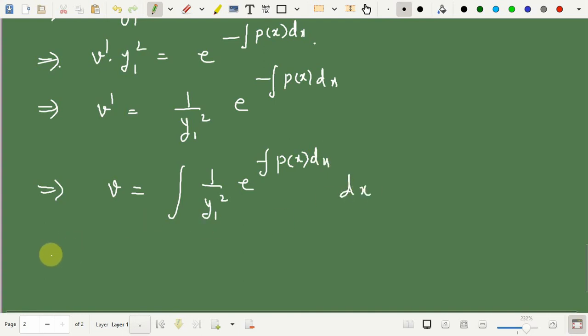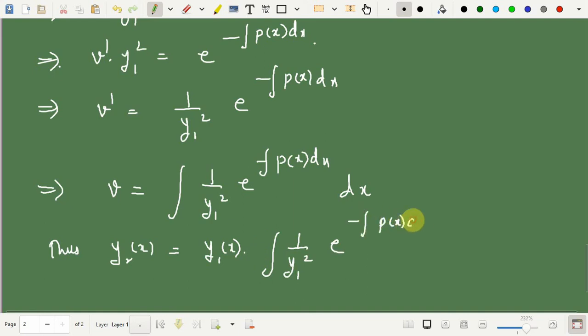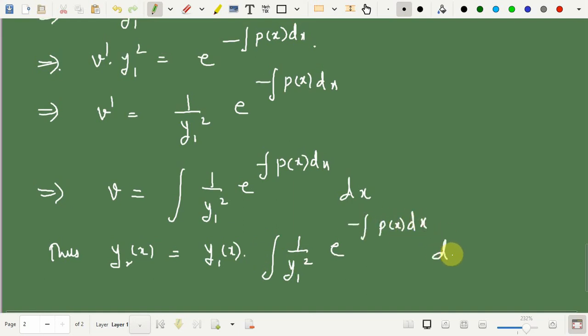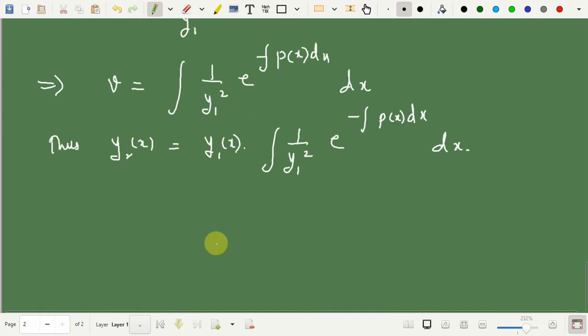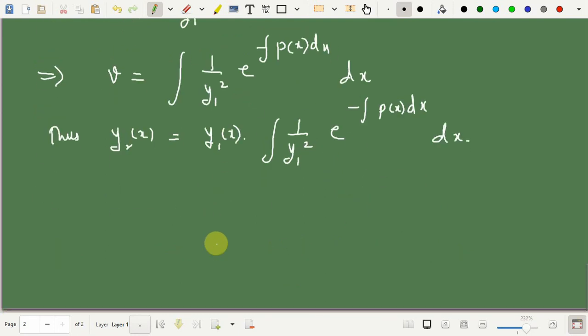And therefore the value for y2 of x is same as y1 into v, so y1 of x into the integral of 1 upon y1 square e raised to minus the integral of p of x dx, whole dx. So this is how we find the other linearly independent solution if we have one solution of the homogeneous differential equation.